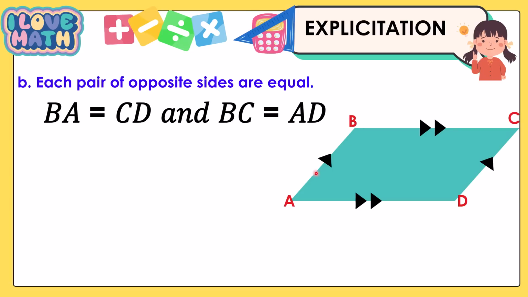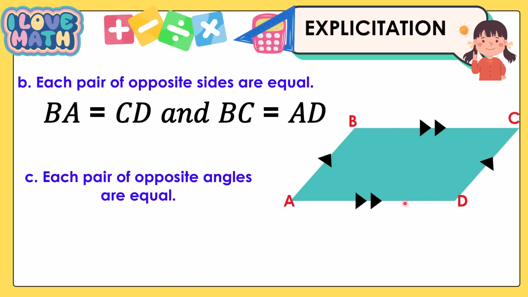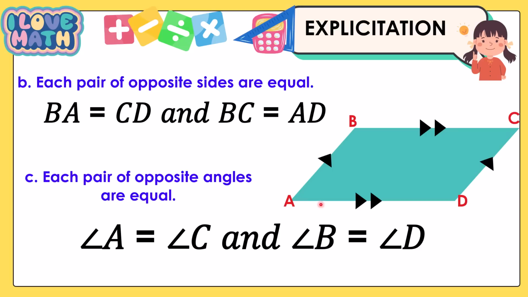BA and CD. BC and AD. Each pair of opposite angles are equal. Angle A and angle C, angle B and angle D.